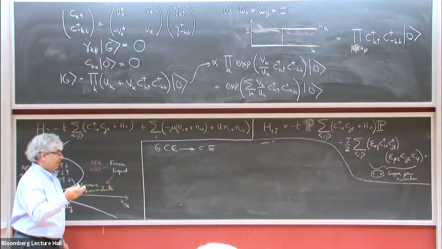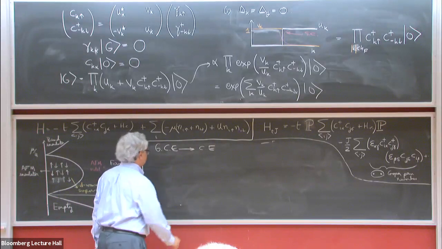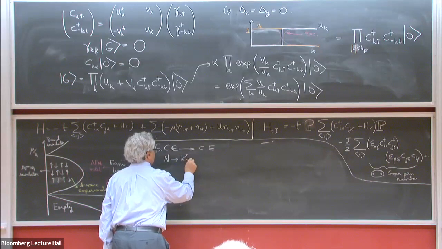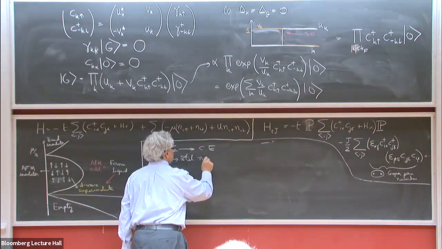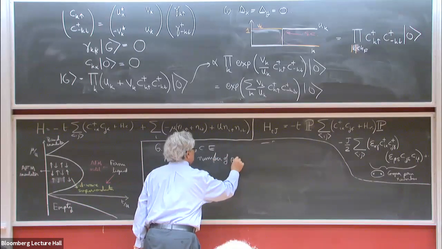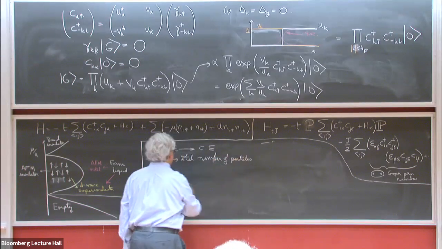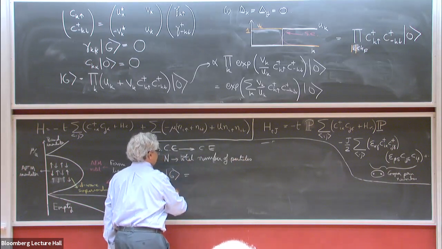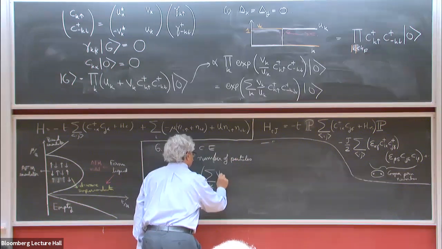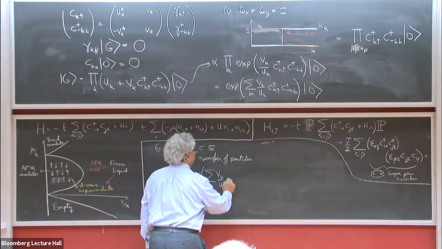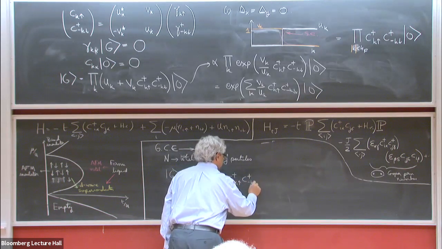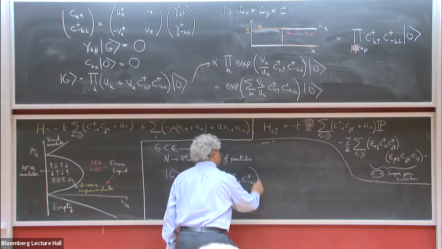This part is essentially exact because the two ensembles are the same for a big system. So n is the total number of particles. My ground state now in the canonical ensemble is just this object, the sum over k of v_k u_k c dagger k up, c dagger minus k down, to the power of n over 2.